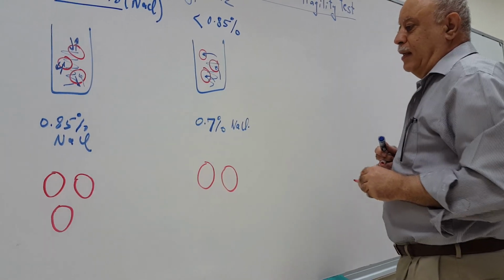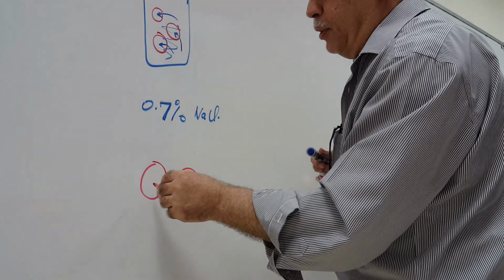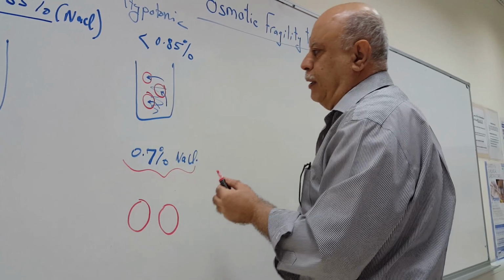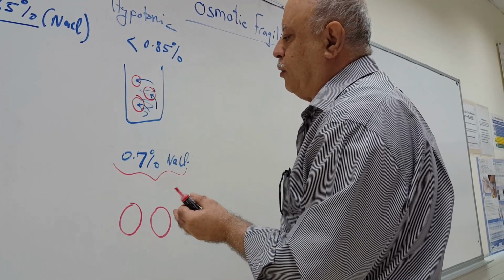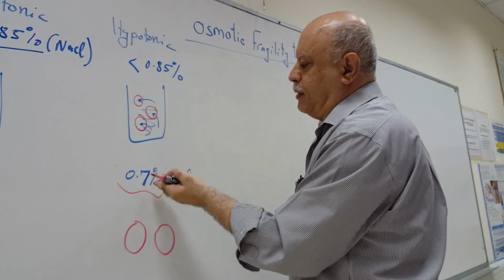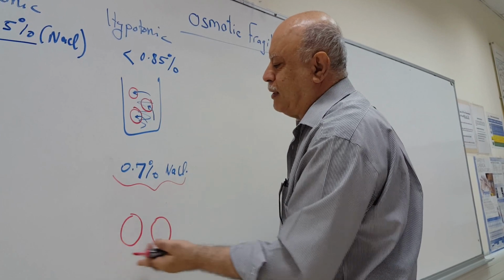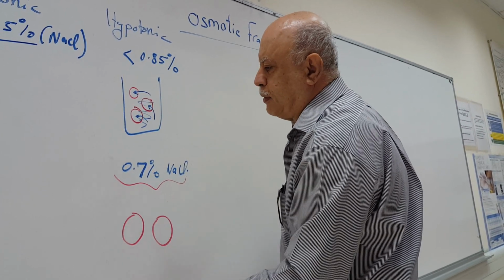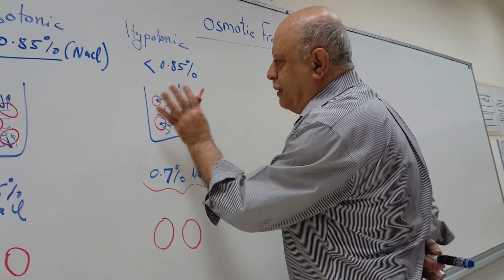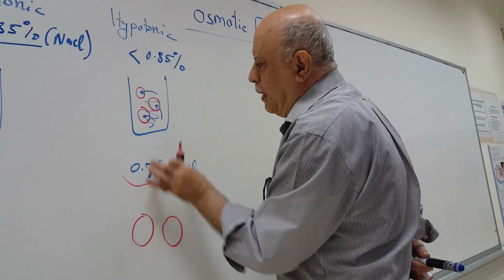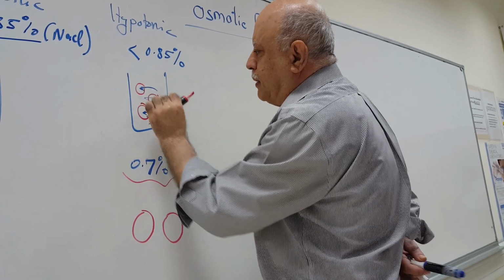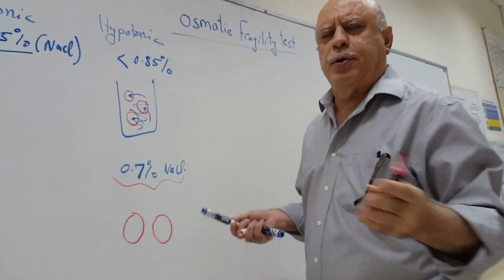Now, will it lyse? Will it burst? It depends how hypotonic it is. A hypotonic solution is a solution that has a concentration less than 0.85%. So 0.7% is hypotonic, 0.6% is hypotonic, 0.2% sodium chloride is hypotonic. Now, what happened when we put RBC in a hypotonic solution? The water goes from the solution into the RBC until equilibrium is set, or it bursts, or it lyses.